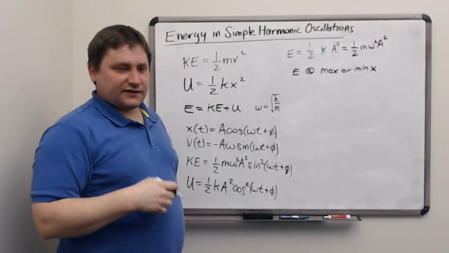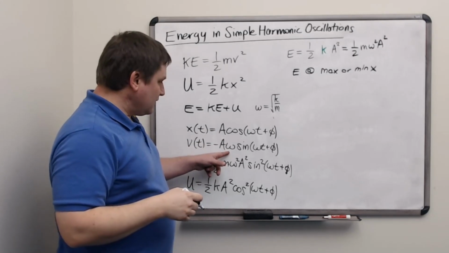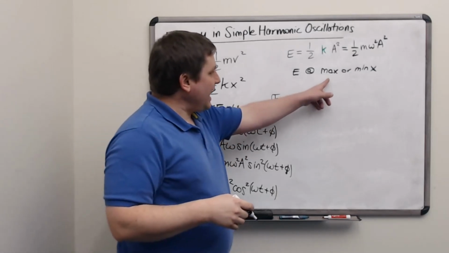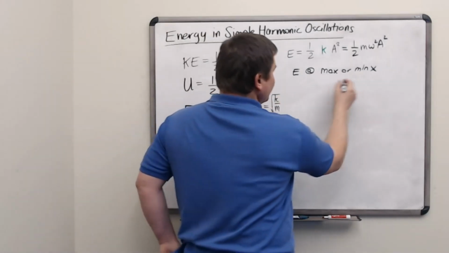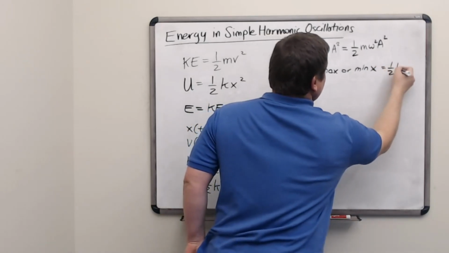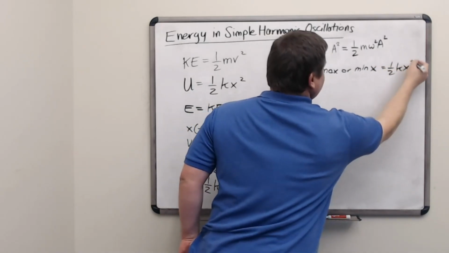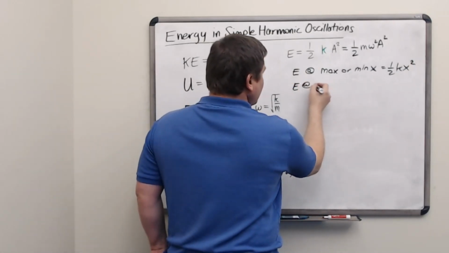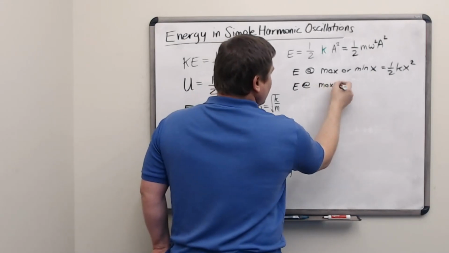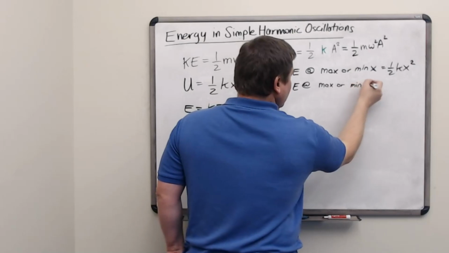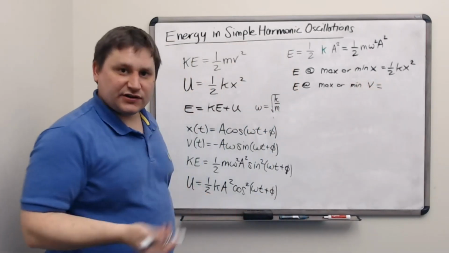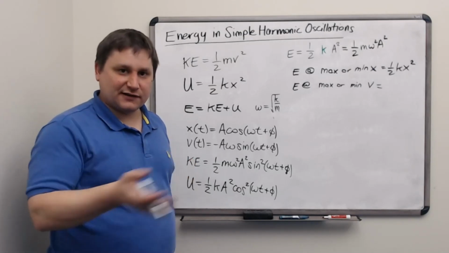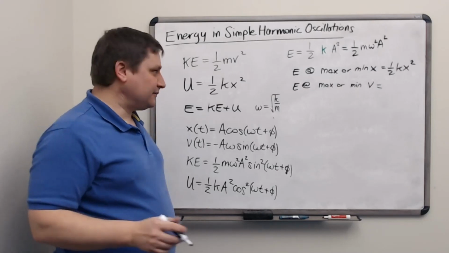Since the kinetic energy is 0 when the velocity is 0 and the position is a max or min, when x is at a maximum or minimum, the total energy is equal to 1/2 kx squared. And when the position is 0, the velocity is at a maximum or a minimum. Either it's moving to the left through 0 or moving to the right through 0.